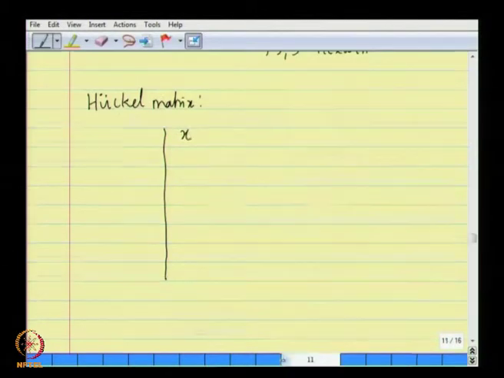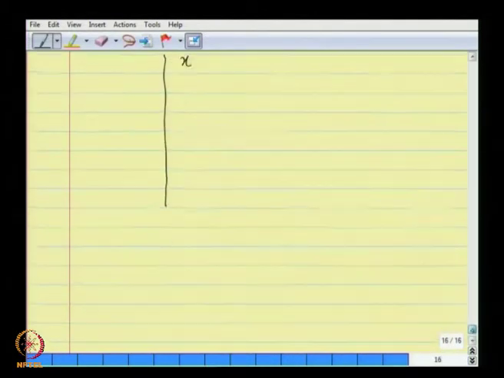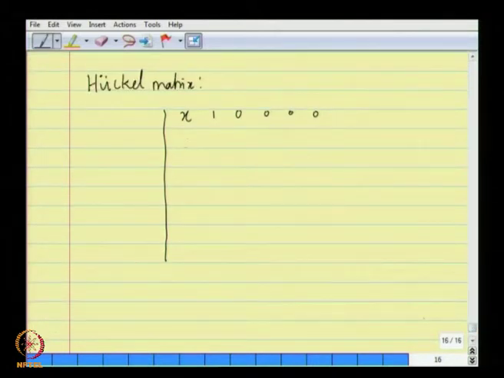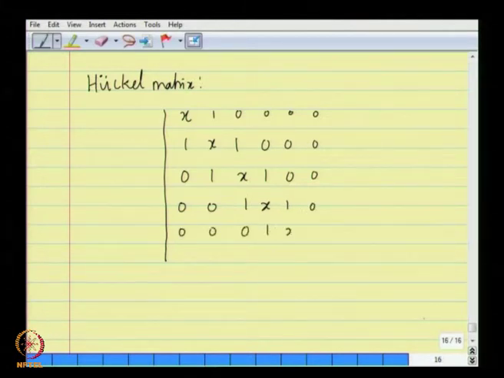It is x 1 0 0 0 0, it is 1 x 1 0 0 0, 0 1 x 1 0 0, 0 0 1 x 1 0, 0 0 0 1 x 1, 0 0 0 0 1 x.